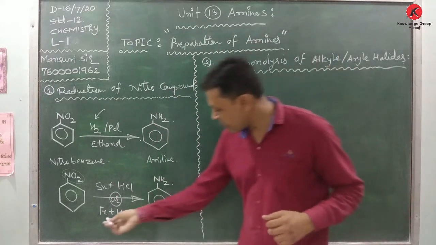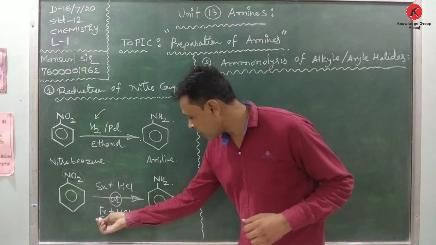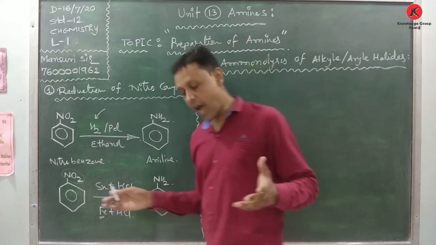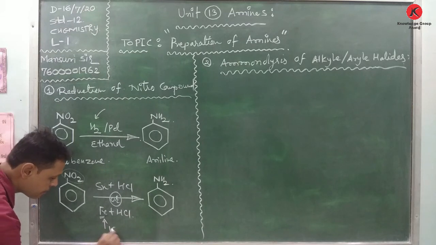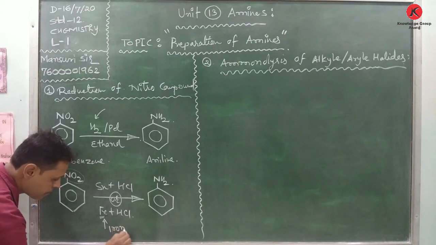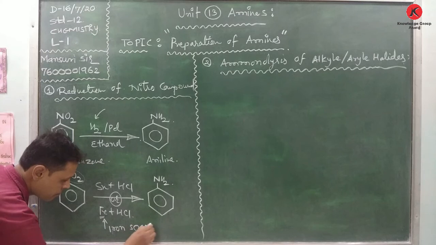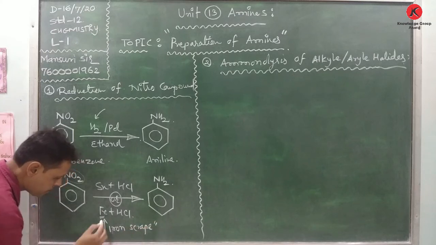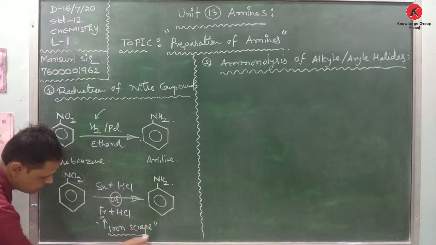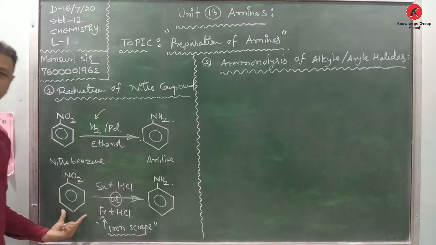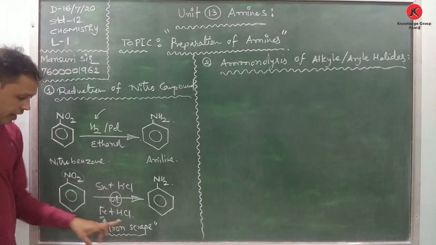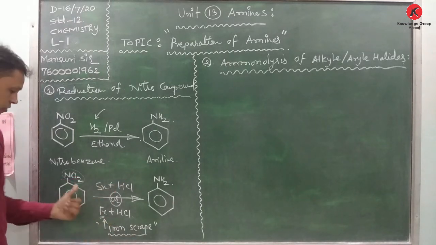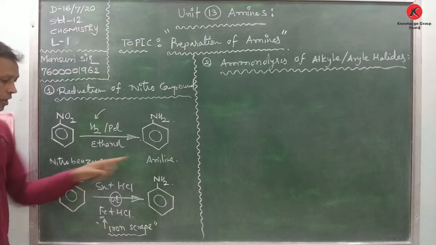Now here you can use the word Fe. This is not just Fe, this is iron scrap. So we can say that when nitrobenzene is taken with the mixture of Sn plus HCl or iron scrap plus HCl, we can obtain aniline from nitrobenzene.